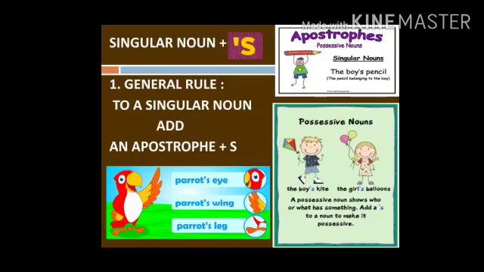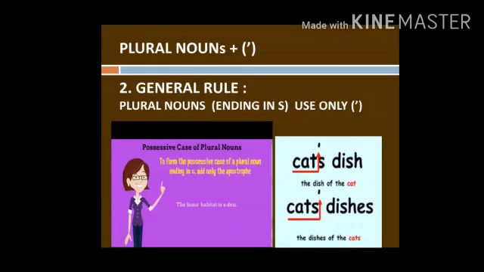Instead of saying that the pencil belongs to the boy, I will just say the boy's pencil. So we have understood the first usage, which is very easy, that whenever it is a noun, we will put an apostrophe and we'll put an s for words which are not ending with s.